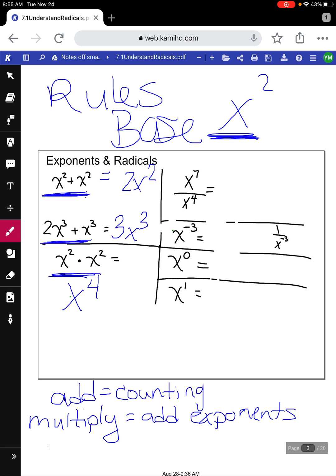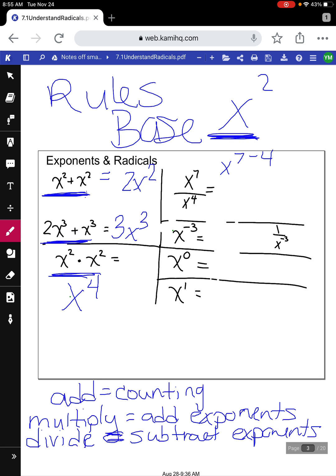When you are dividing the same base, you're going to subtract the exponents. So this would be x to the 7th minus that 4.